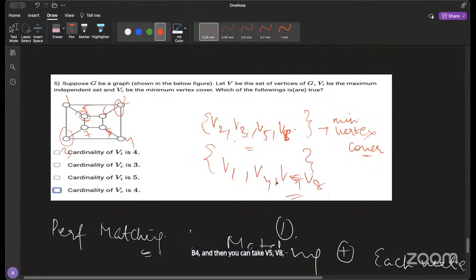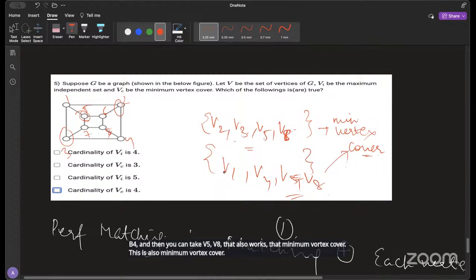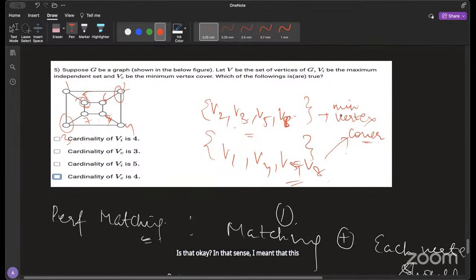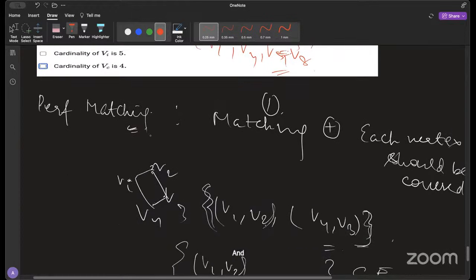That also works. That's also a minimum vertex cover. In that sense, I meant that this is not unique. Minimum vertex cover is not unique. You can have 2 different sets that are minimum vertex covers. Same goes for maximum independent set, and same goes for matching, perfect matching.